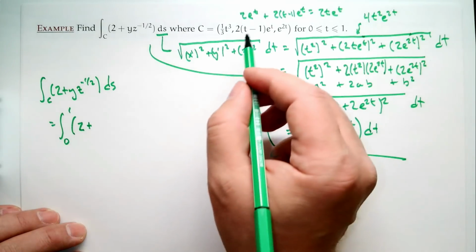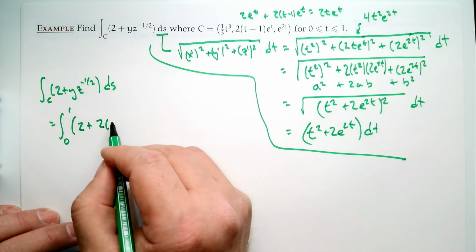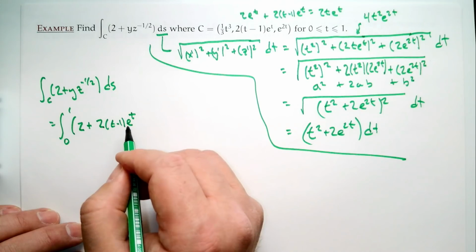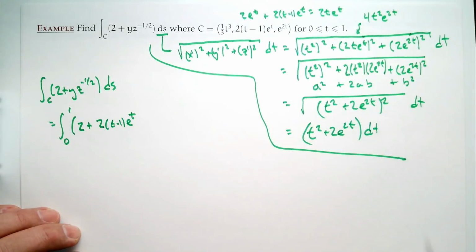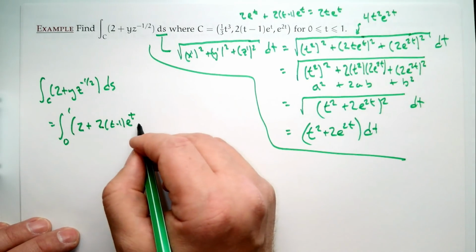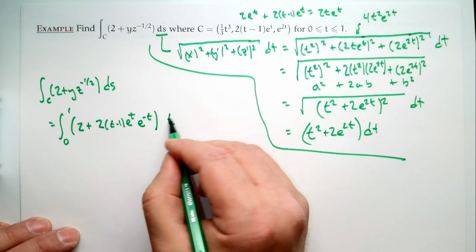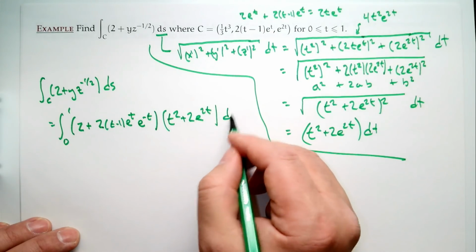The y, well, that's 2t minus 1 e to the t. And then z to the minus a half. Well, take e to the 2t to the minus 1/2 power, and that's e to the minus t. And then your ds becomes t squared plus 2e to the 2t dt.